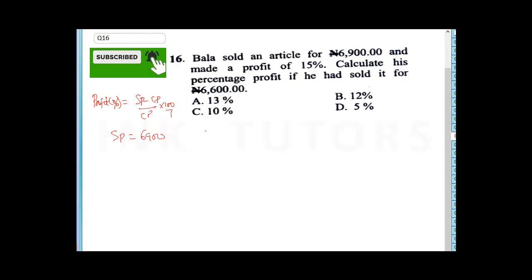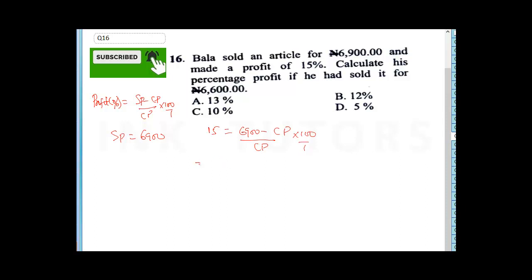So the first thing is, let's know how much he even bought this article, because if we can get how much he bought the article, then we can find every other thing. So we are going to apply our profit formula, which is 15 equals selling price, 6,900, minus cost price, all over cost price, times 100 over 1.